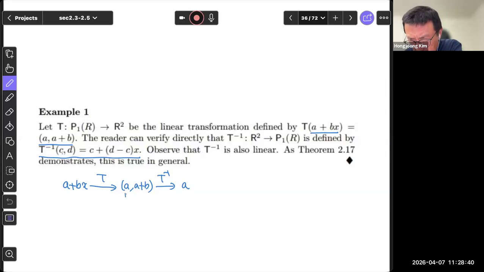So this is C and this is D. A plus D minus C times x will be A plus B minus A times x, which is A plus Bx. So this mapping is actually the inverse, and you can show that this is a linear mapping, right?